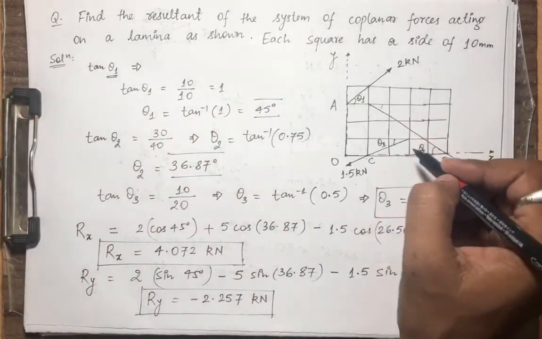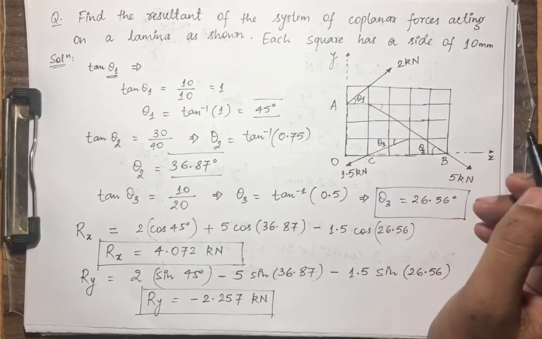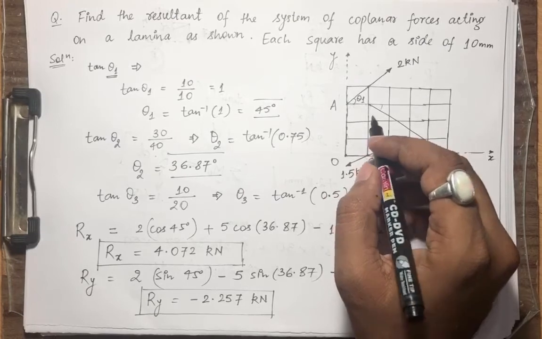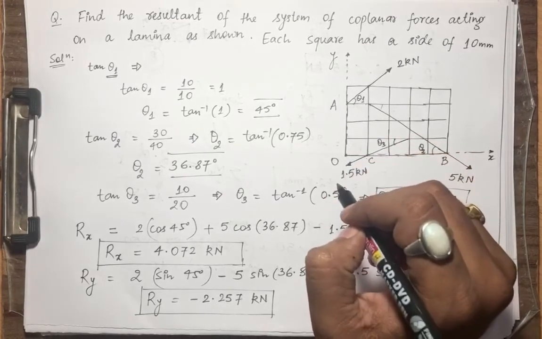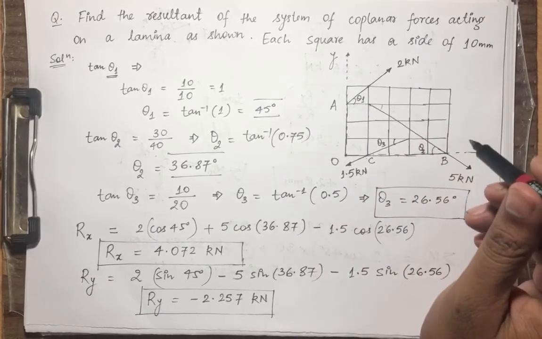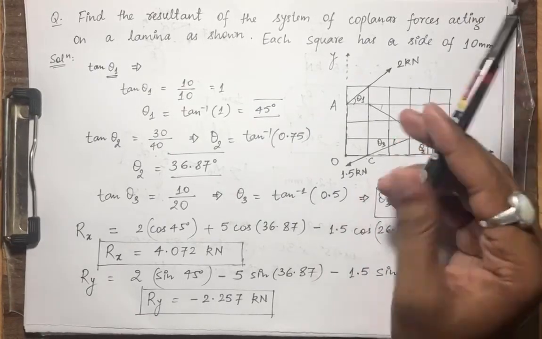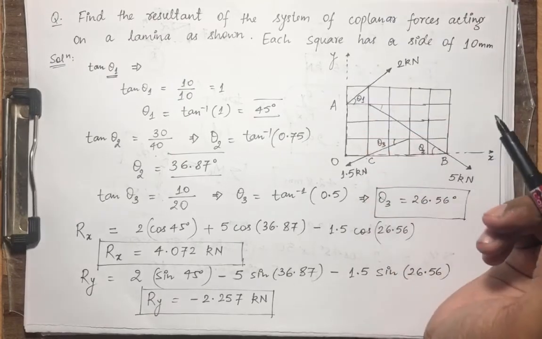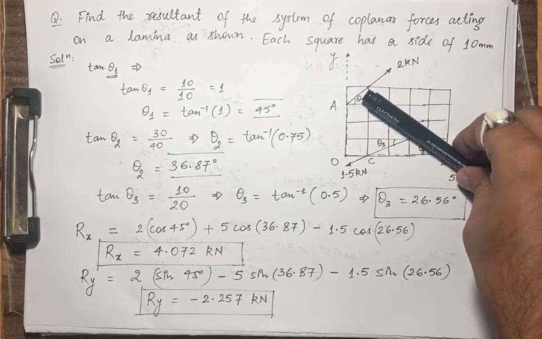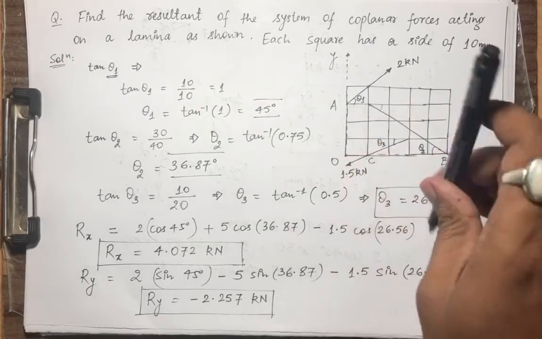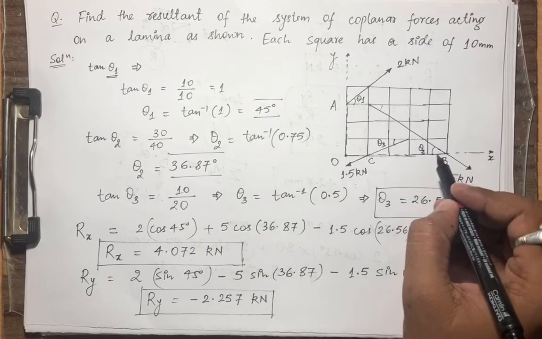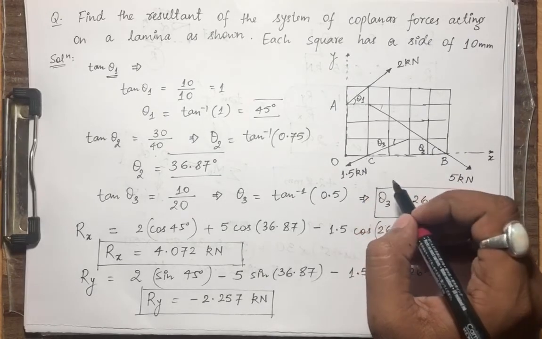What is our target? Our target is to find the moment of all the forces about point O. First, for this one we have calculated. Now for this, we can just transfer this here. This is 1, 2, 3, 4, 5.